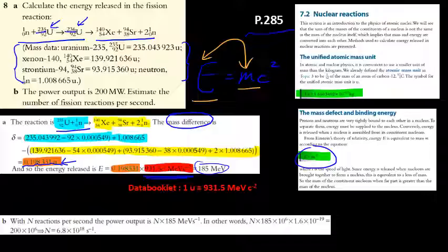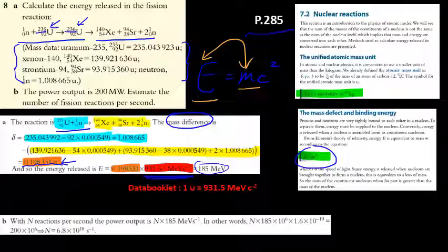So that's why Einstein's theory makes nuclear power and the fission reaction work. But anyway, we'll talk more about this in chapter 7.